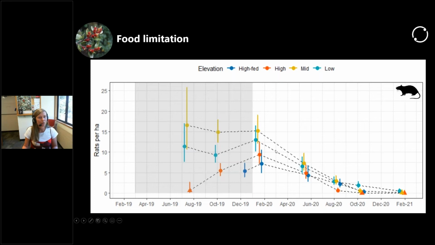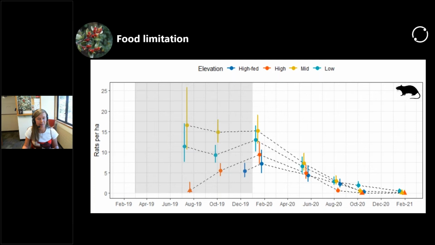And what often happens when rats or any rodent overshoots their peak of the regular carrying capacity of a habitat is that these really strong density dependent mechanisms kick in and the rats stop breeding and stop recruiting. And this is something that seemed to really happen at the site. Like I said, we didn't get any pregnant rats in 2020.